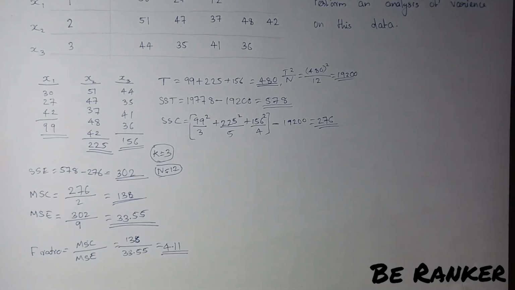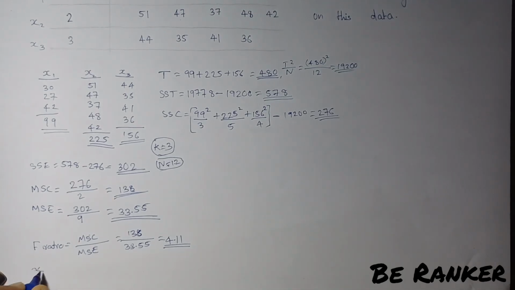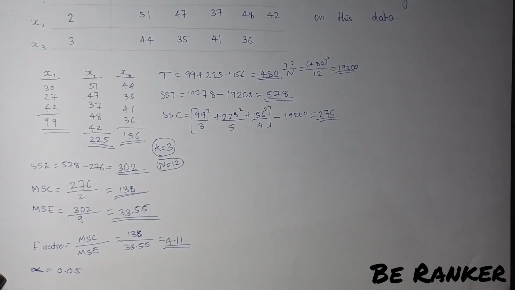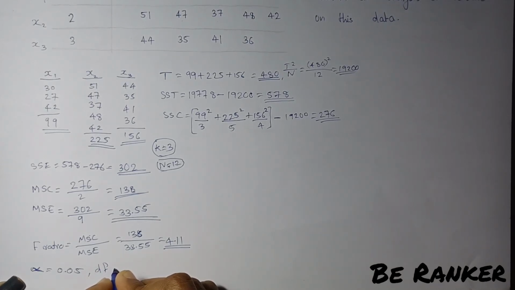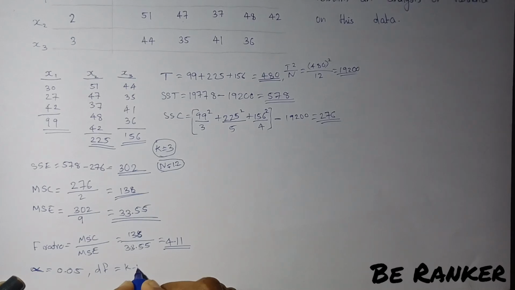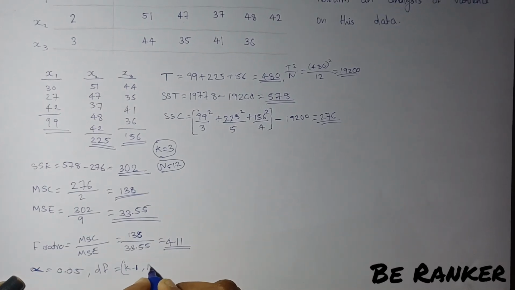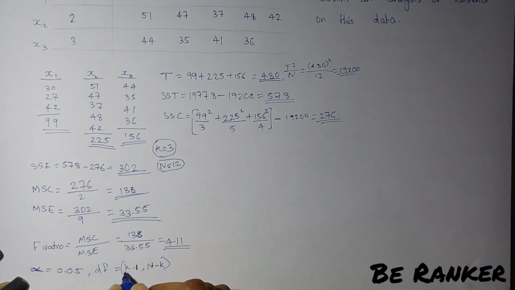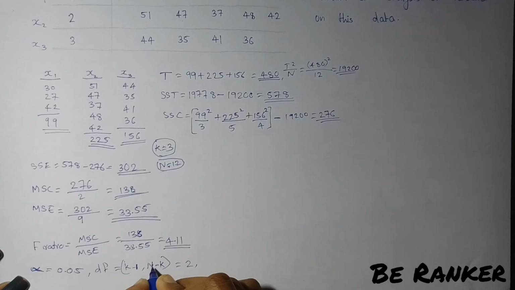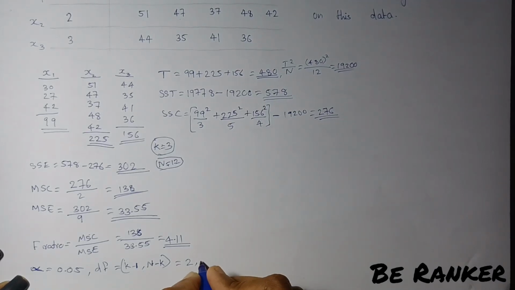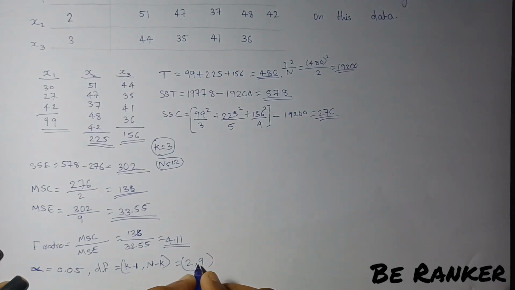Here we can take alpha equal to 0.05. Then the degrees of freedom is K minus 1 comma N minus K, that is 3 minus 1, 2, comma 12 minus 3, 9. So degrees of freedom is 2 comma 9 and alpha is 0.05.